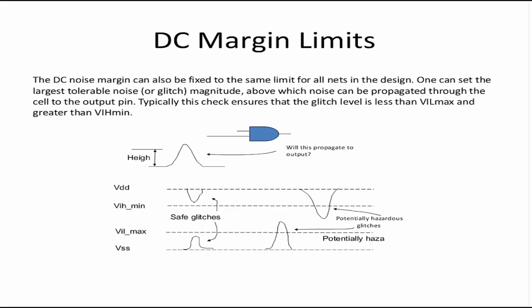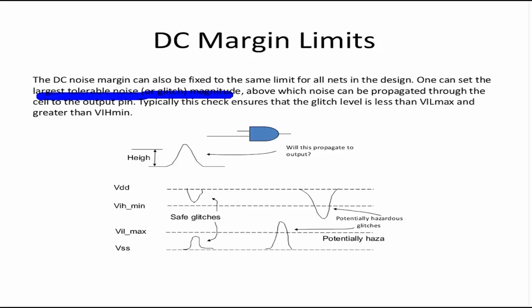So any bump greater than 0.2 will propagate. I can set a command called set noise margin and put this value for all the nets in the design. So if the margin values are not coming from the library, I can calculate a conservative value and apply it to all. That's what it's recommending: one can set the largest tolerable noise above which noise can be propagated through the cell.